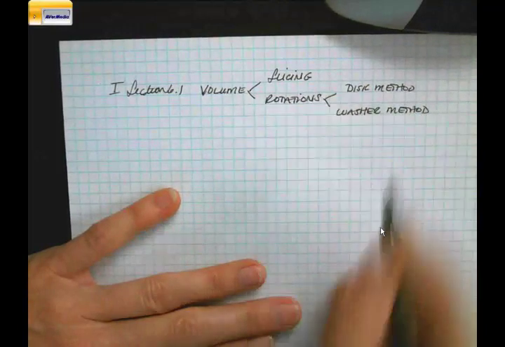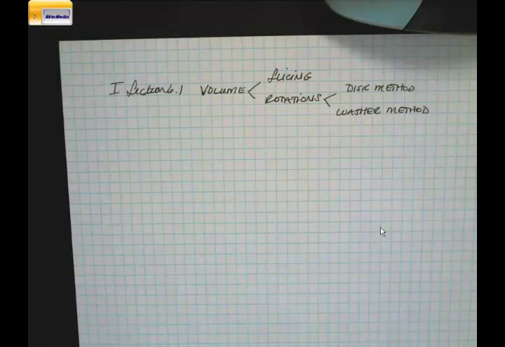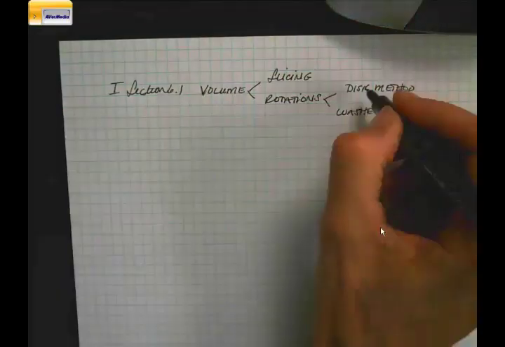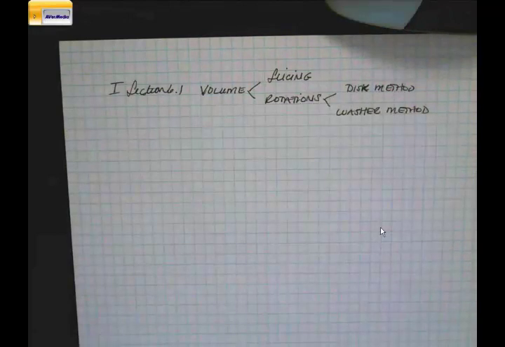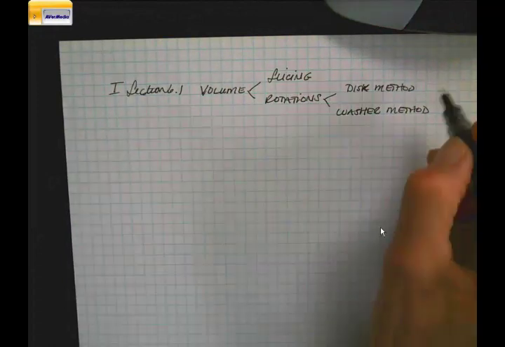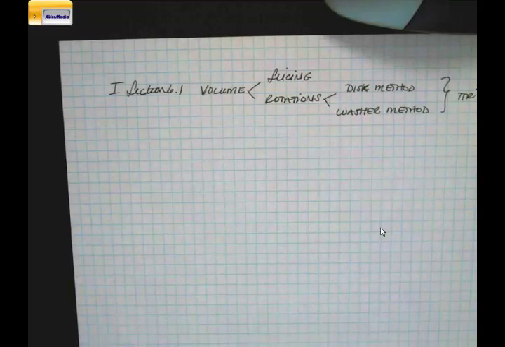Okay, so just trying to keep this all organized, you're slicing, and then you're rotating, and when you're rotating, you're using two methods. One is known as the disk method, and the other is known as the washer method. When you start doing rotations, we're going to be talking about a circular method of finding the volume, and so in here, you're going to see consistency with pi r squared.